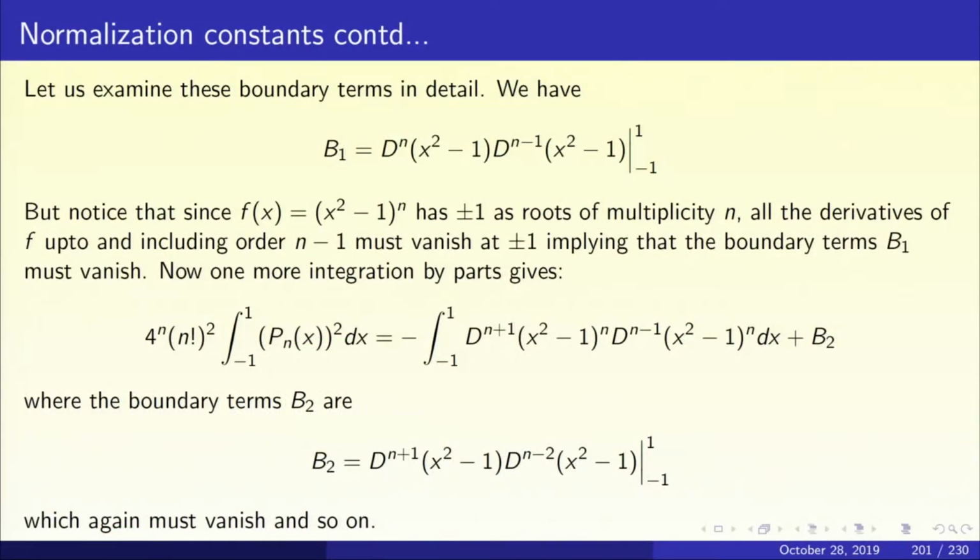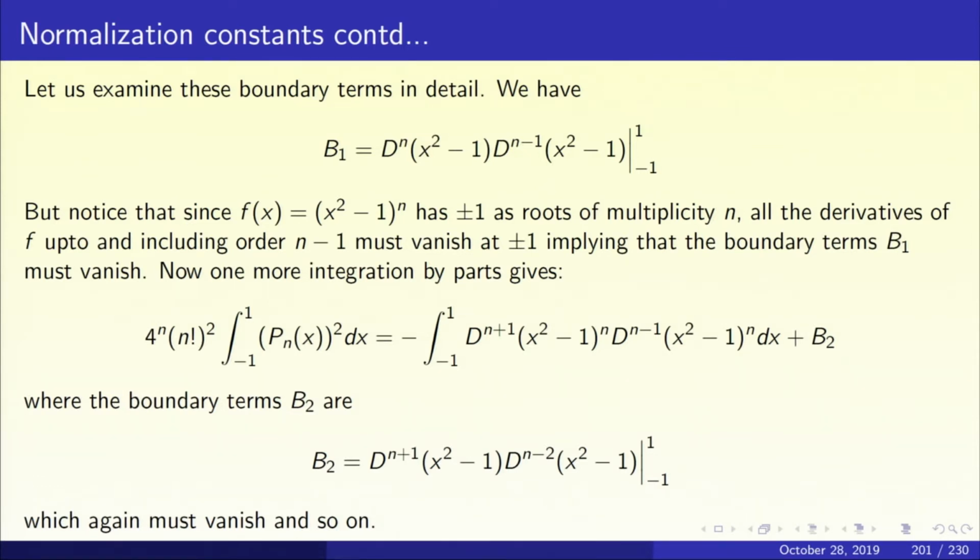So B1 is the nth derivative of (x squared minus 1) to the power n times the (n minus 1)th derivative of (x squared minus 1) to the power n, at minus 1 and 1. But notice that (x squared minus 1) to the power n has plus minus 1 as roots of multiplicity n. So all derivatives of f up to and including order n minus 1 must vanish at plus 1 and minus 1, which implies that the boundary term B1 must be 0.